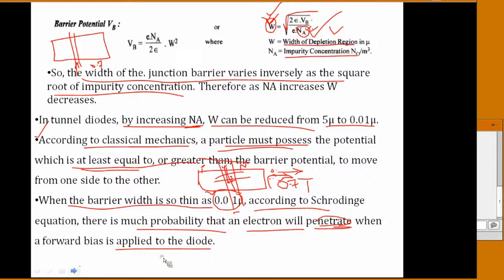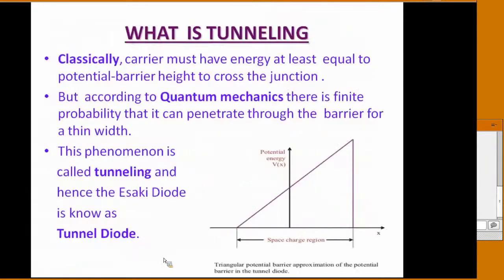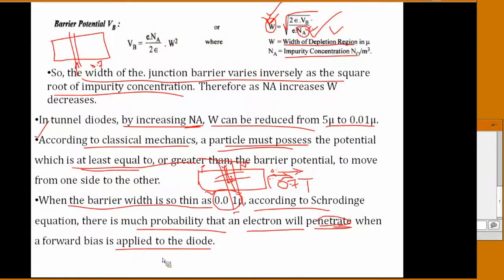That current is due to the penetration of electrons from one side to another side. This penetration of electrons we call tunneling. Tunneling is nothing but a tunnel from one region to another region. The electrons penetrate from this place to this place. For smaller applied voltages, not greater than the barrier potential, due to the tunneling phenomenon, the current flow will take place.